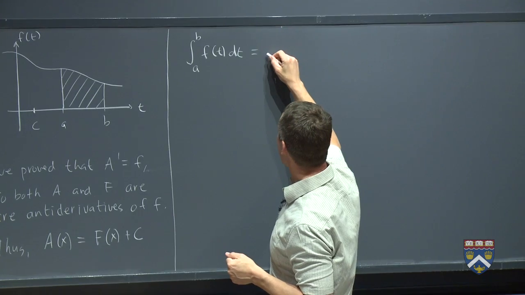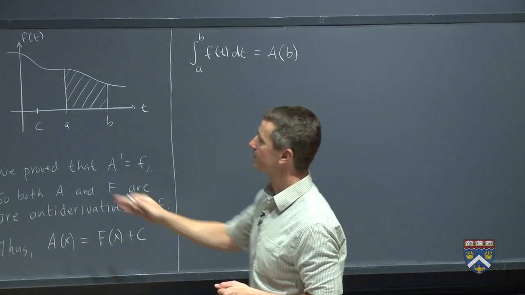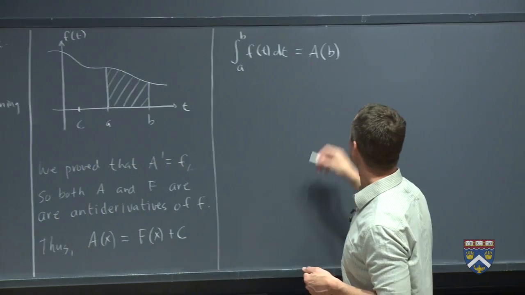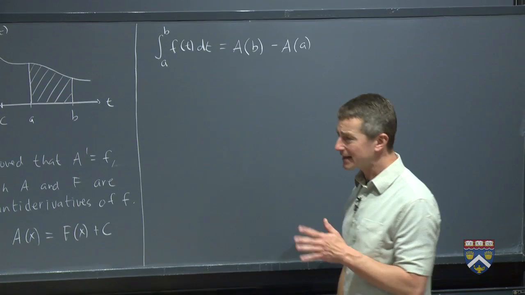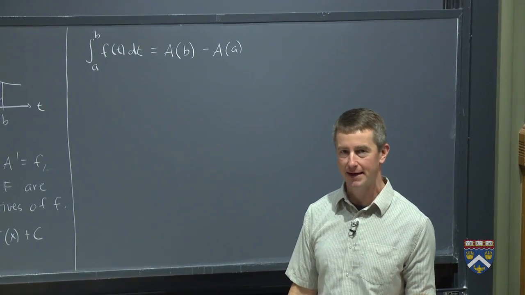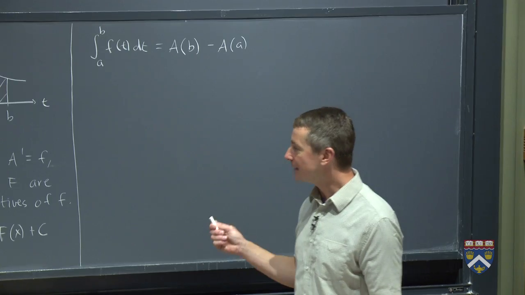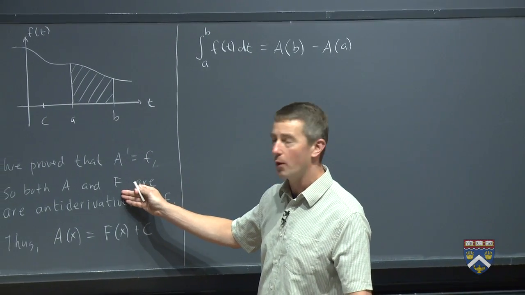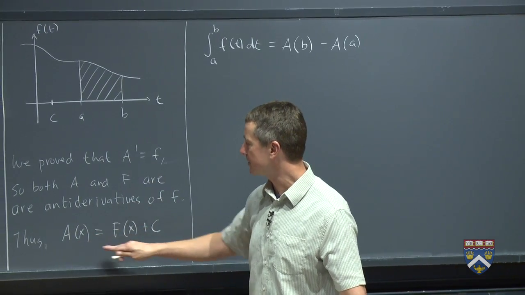So this will be capital A of b, that's the area from c to b, minus the area from c to a. But capital A is the function that we don't have a nice formula for. So we don't like working with that function. But we proved that its derivative is little f, and we said that we know another function whose derivative is little f, capital F. Therefore, we had this result.